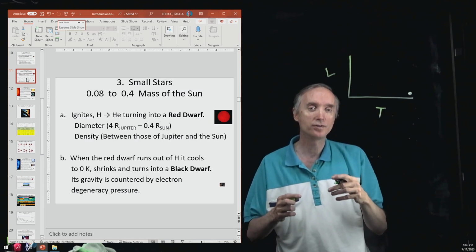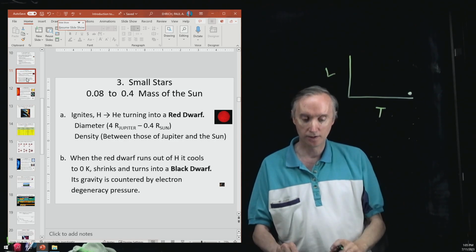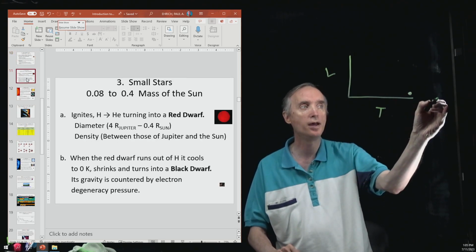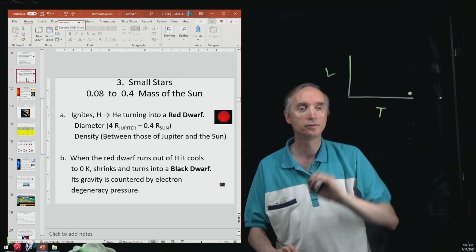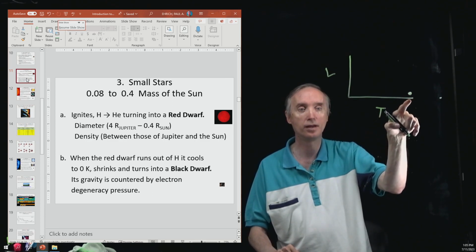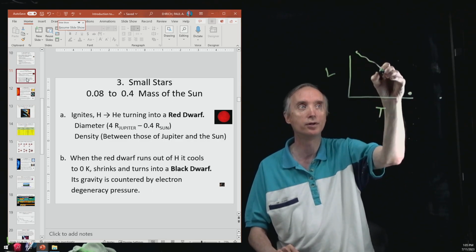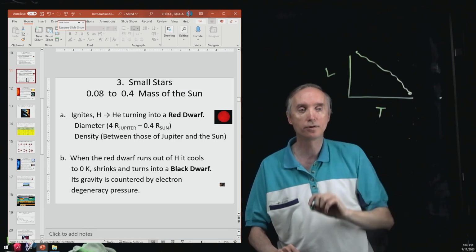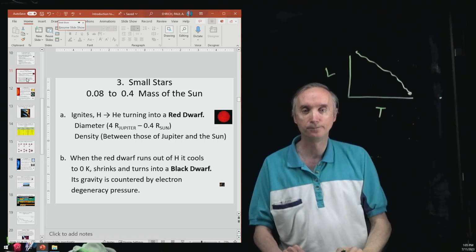Now if you wanted to plot, in addition, these brown dwarf things, then they would be way, way over here somewhere. So their temperature would even be less than the red dwarf. So on your HR diagram, this is the main sequence right here. We're talking about objects that are in this corner of the HR diagram.